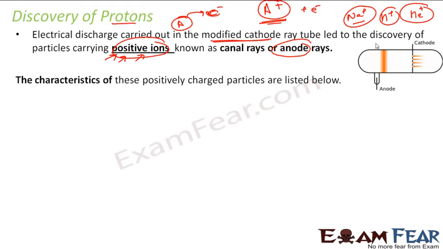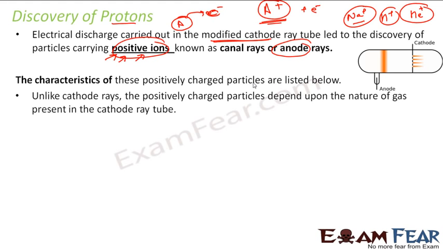Now they found that these positive ions have some properties. In the cathode ray tube, what we had was electrons, and you can take electrons from anything, gold, silver, it doesn't matter, it has the same property. But if you talk about positive ions, sodium ions, copper ions, hydrogen ions, helium ions, they all have different properties, correct?